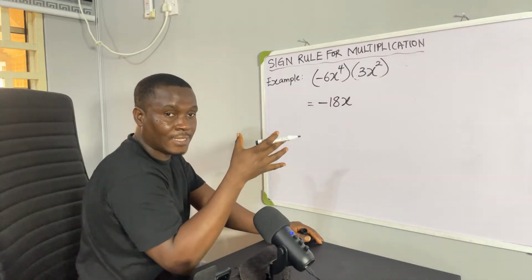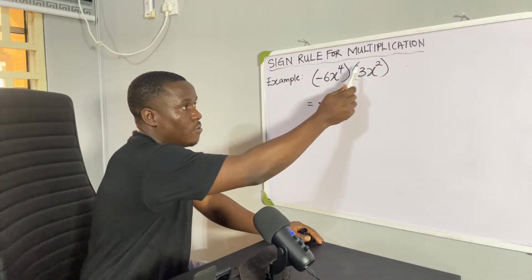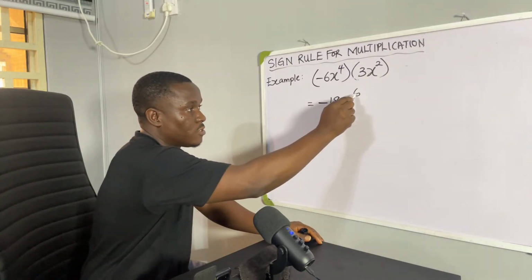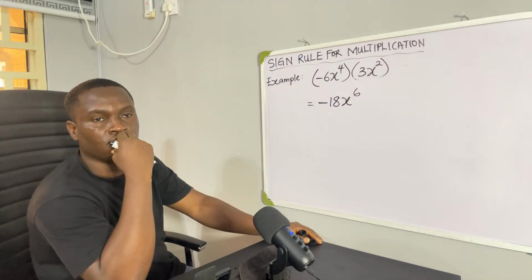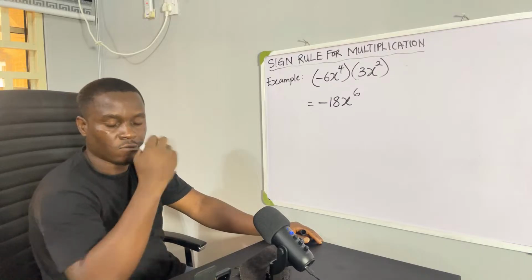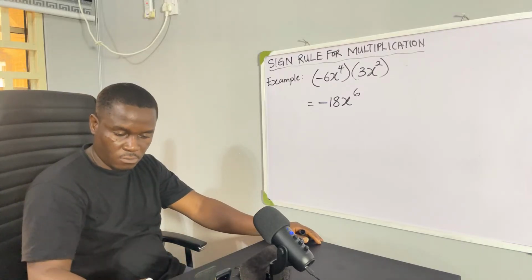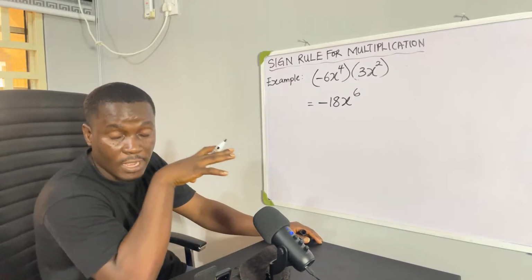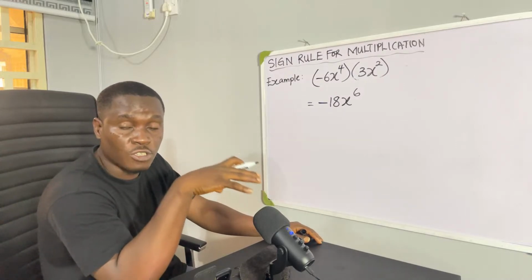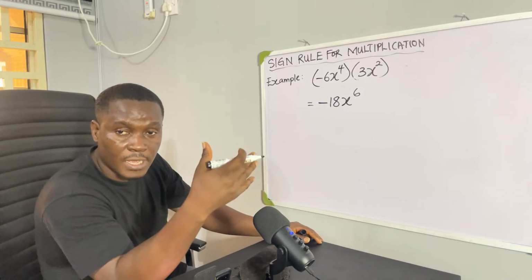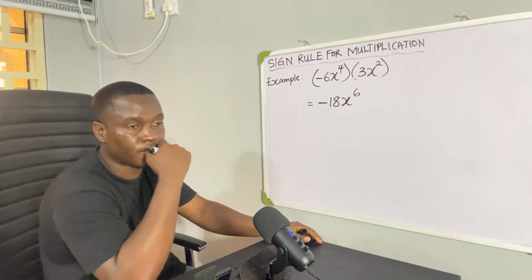And also we add the exponents. 4 plus 2 gives us 6. Do you understand what we've done? Yes, I do. Good. In the ideal situation, you need to consider the signs when you're multiplying or dividing.